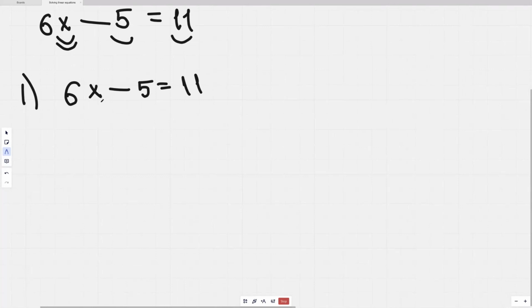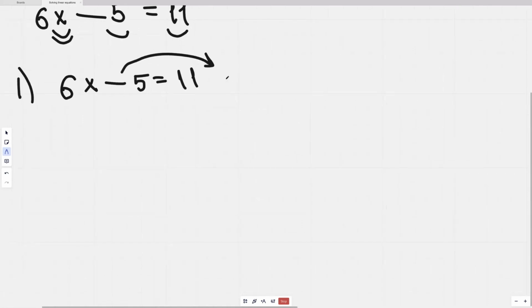As I said, the terms like x or y should be on one side only, and the constants like the -5 should be on the other side. So we have to move -5 to the right-hand side.